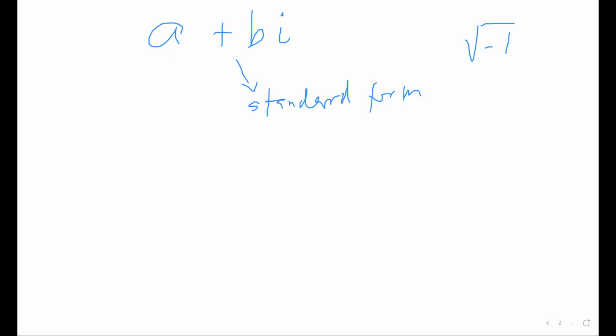So let's say that in problem 28, there we have the solutions, but I'm going to go over these real quick. Let's say that you have the square root of negative 9, and you're supposed to solve. If you put this in a calculator, you're going to get an error. So how do we deal with this? The square root of negative 9, I can rewrite as the square root of 9 times negative 1.